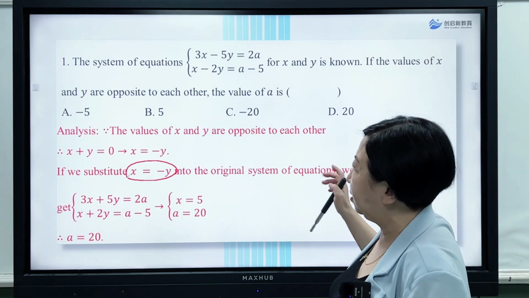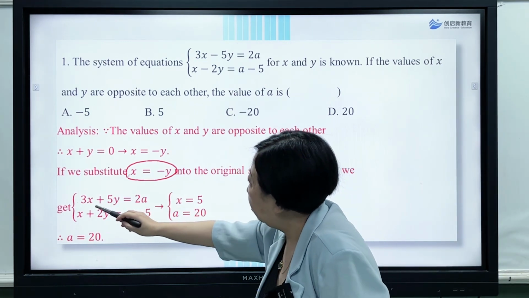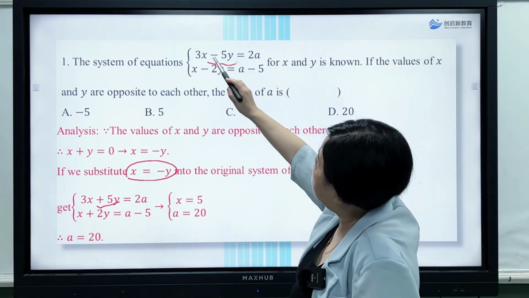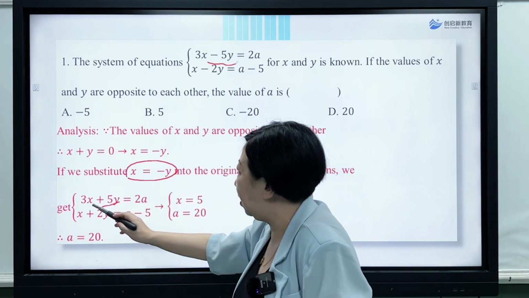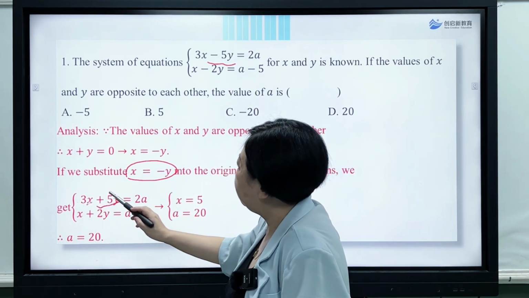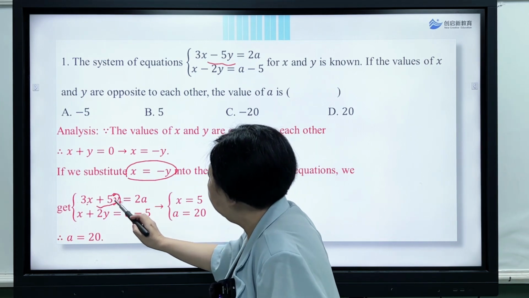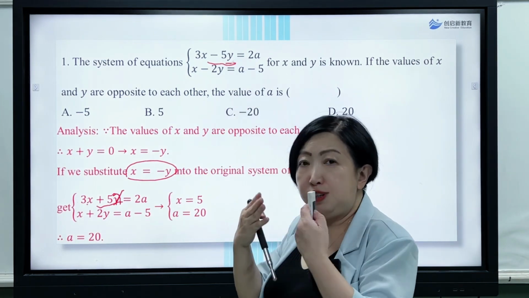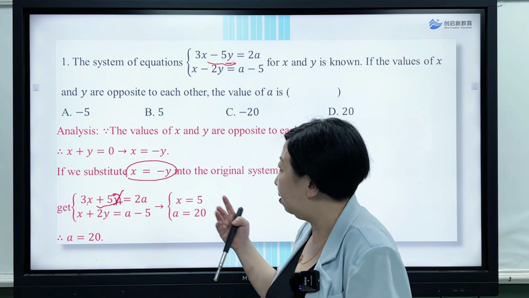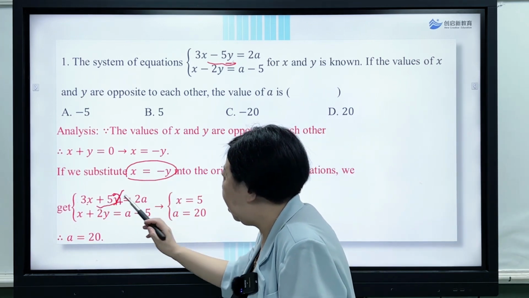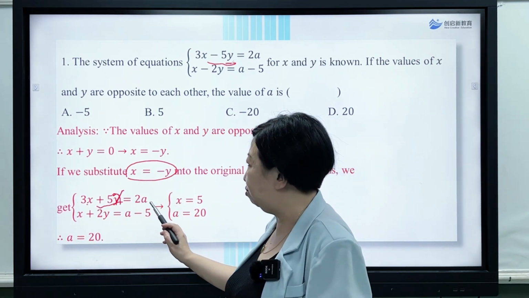We can get here 3x minus 5y, and here 3x plus 5x, since minus 5y changes to 5x. So here it's 8x equal to 2a.